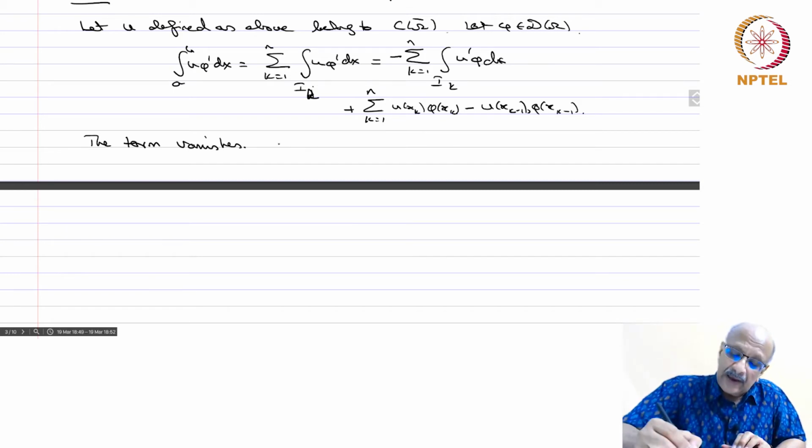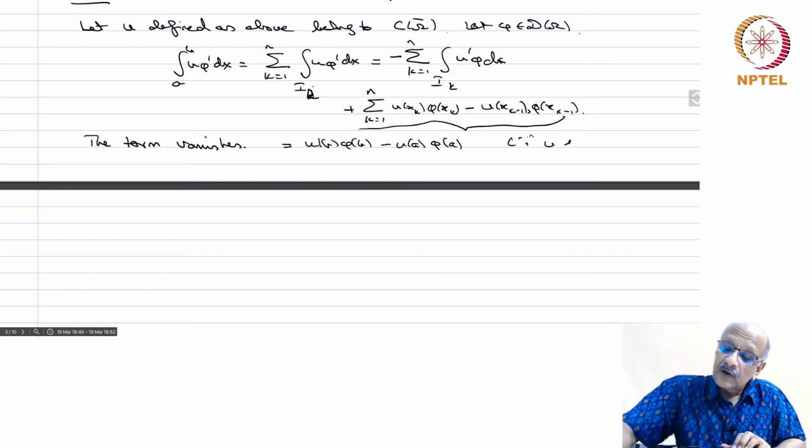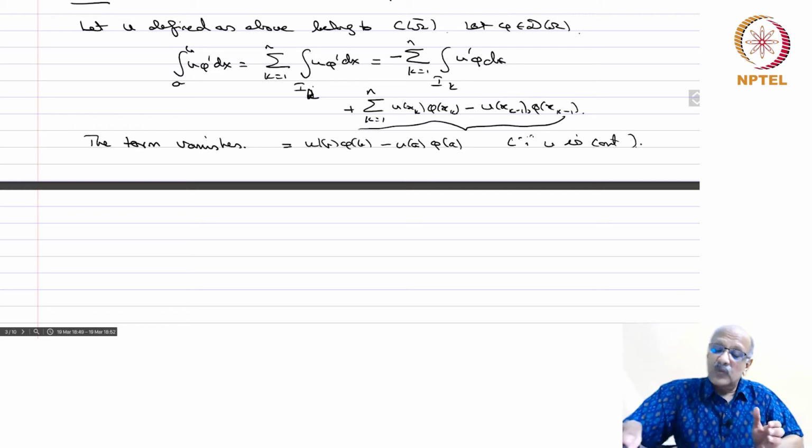In fact, the second term is equal to u of b phi of b minus u of a phi of a, because all other terms cancel since u is continuous. So u of xk is well defined, from whichever interval you come.